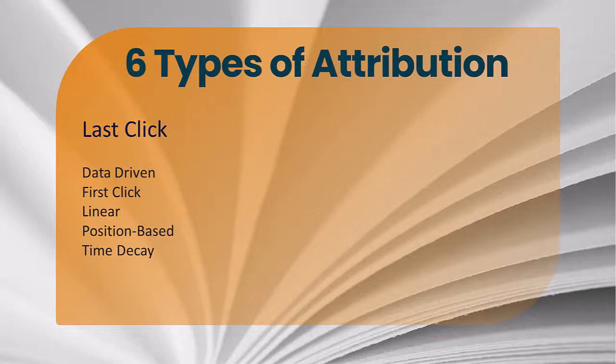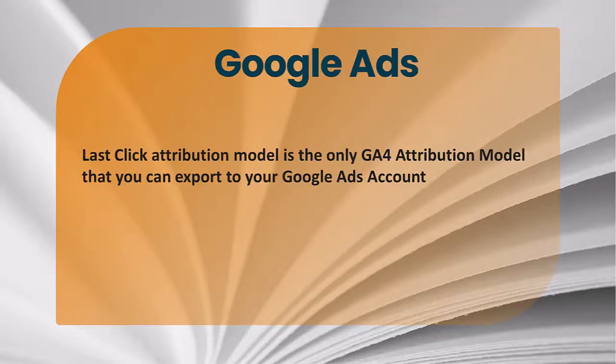Now the Google Ads last click attribution model is the only attribution model that you can export to your Google Ads account. And if you've got your Google Ads account linked to your GA4 account, you can see your conversions inside Google Ads. Now your advertising reports is where you can take a look at your advertising snapshot.